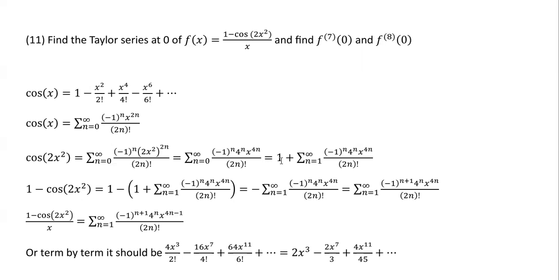When I write it like this, it makes it really nice because I have 1 minus cosine 2x, which is right here. So I put it in parentheses right here. So 1 minus 1 is 0. So we have a negative sign out in front, the summation as it goes from 1 to infinity of whatever is left. It makes it a little nicer in my opinion.